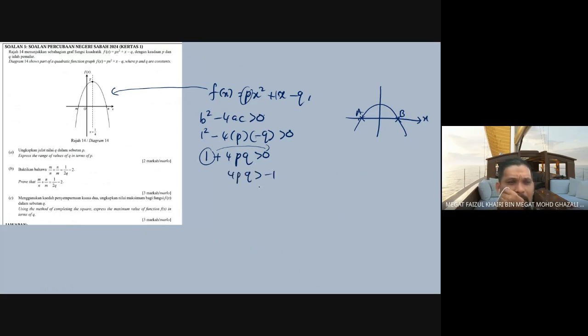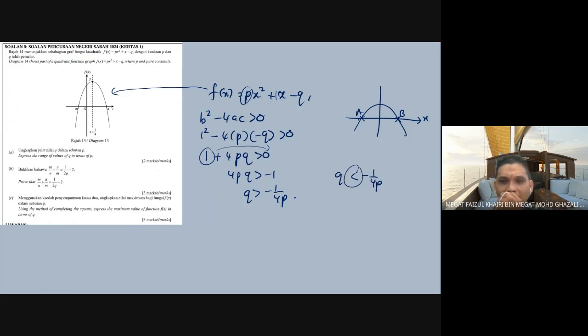So to express the range of q in terms of p, q is greater than negative 1 over 4p. Something like that. Right? The answer given here is q less than negative 1 over 4p.